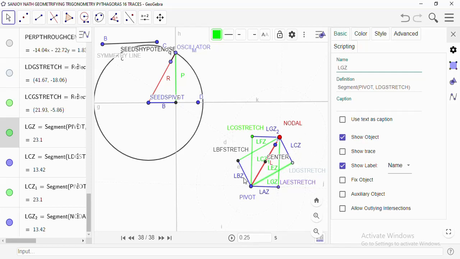And for LDZ, A, B, C, D, this one is the LDZ, so its name should come as LDZ.